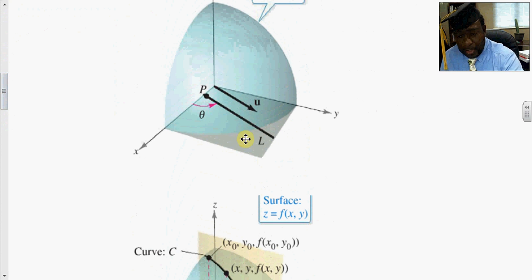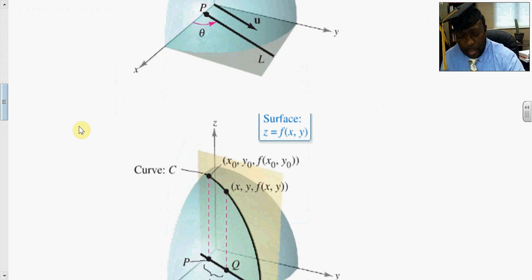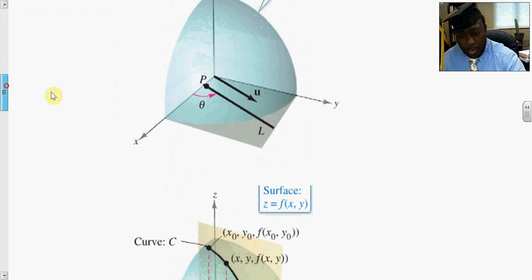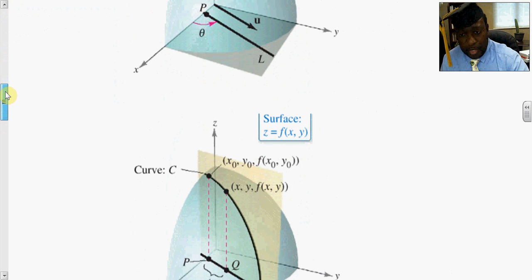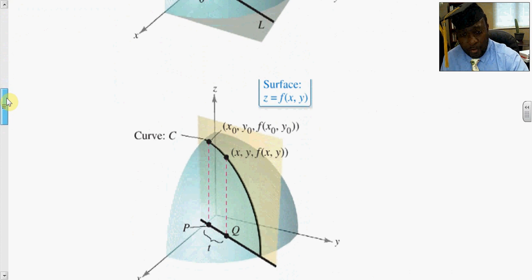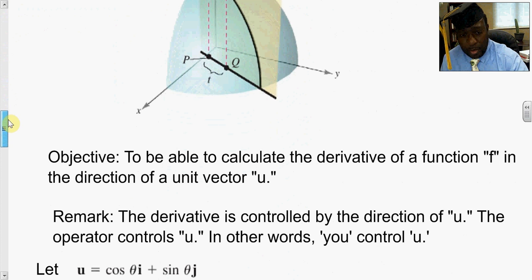We will say that this change in Q, that is our terminal vector, is controlled by this angle theta. So as theta is changing, we calculate different derivatives in the direction of theta, where theta will be governed by a unit vector that we will call u.